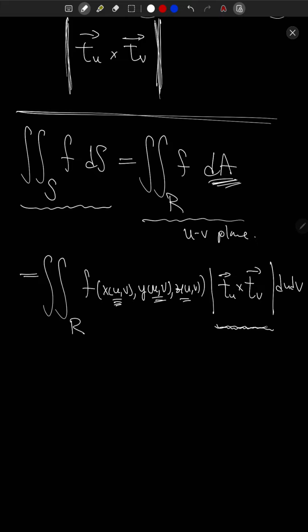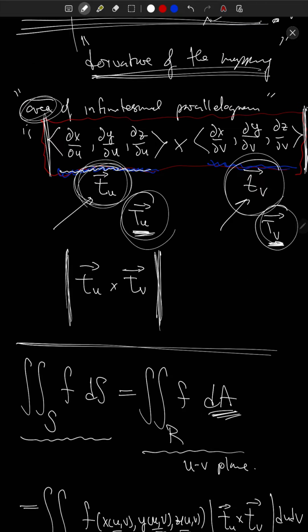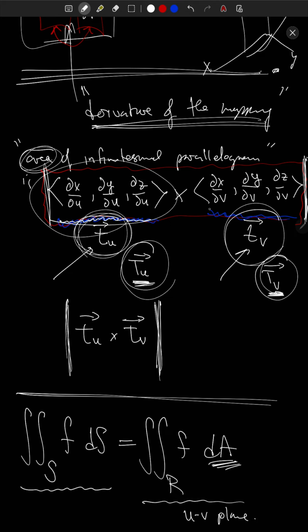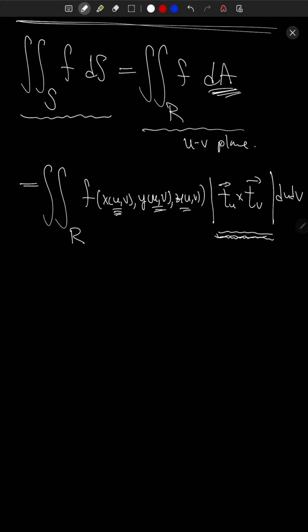You calculate the appropriate t sub u cross t sub v. What is that? Well, you just look at upstairs. This is your t sub u. That's your t sub v. You can calculate each of those. And then d phi d theta. All right. So no problem.